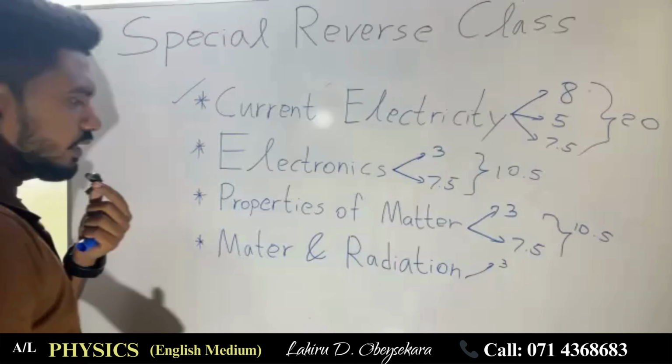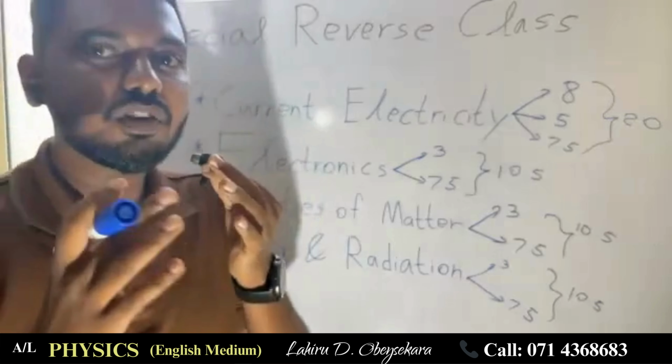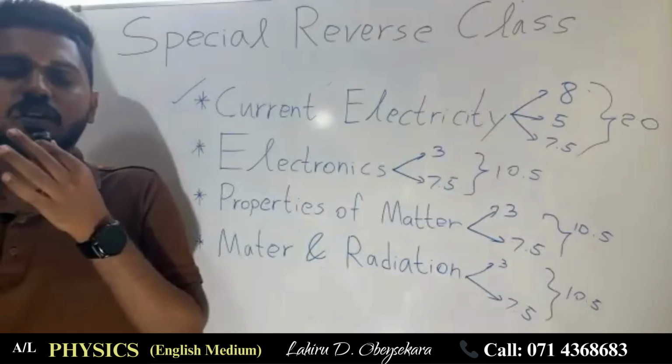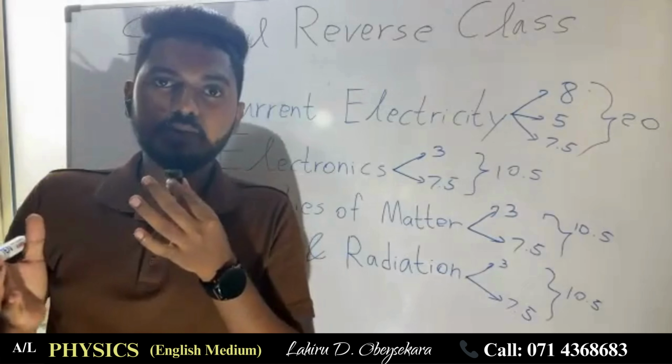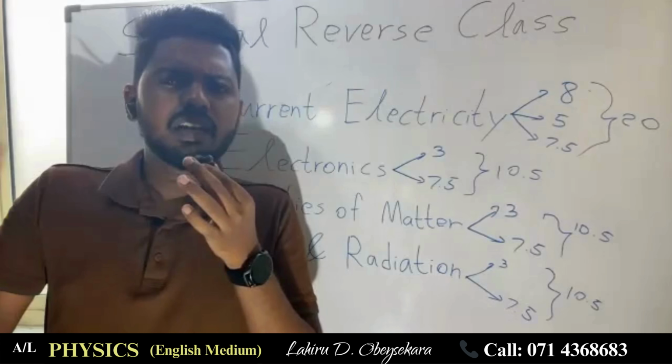Why do I say these units are very important? We take about 1 year for our mechanics, right? But mechanics contains a huge mark proportion, about 25, with 12 MCQs and one structured question.